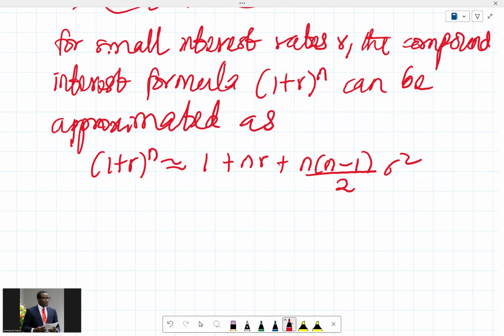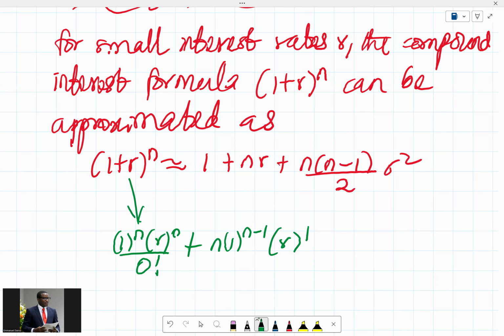So we can now use this. How we got there, you already should have an idea. That is simply by saying 1 raised to power n, r raised to power 0 over 0 factorial, plus n times 1 raised to power n minus 1, r raised to power 1 over 1 factorial, plus n into n minus 1 times 1 raised to power n minus 2, r raised to power 2 over 2 factorial.